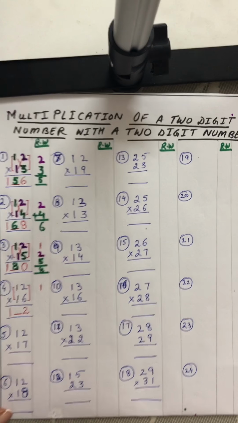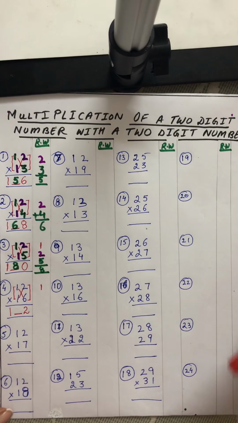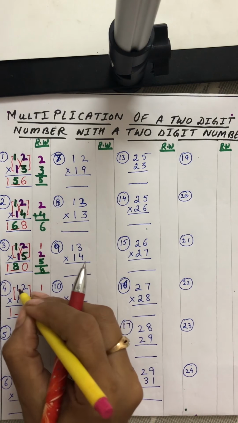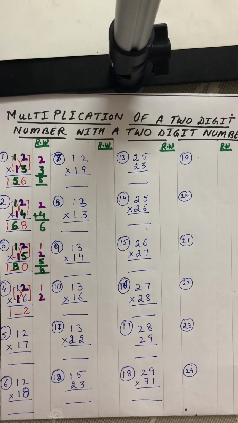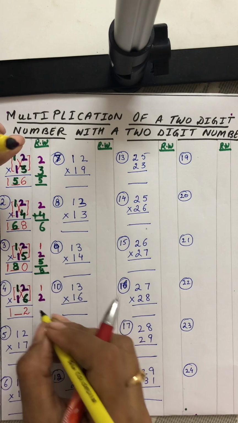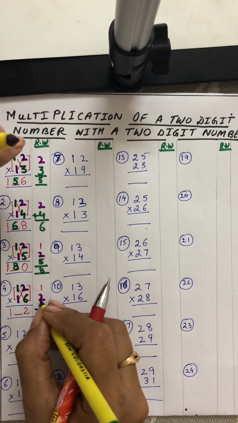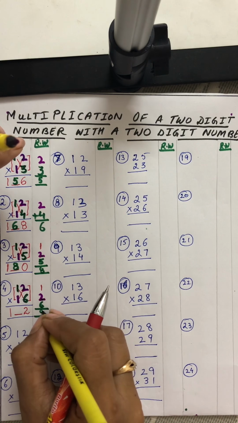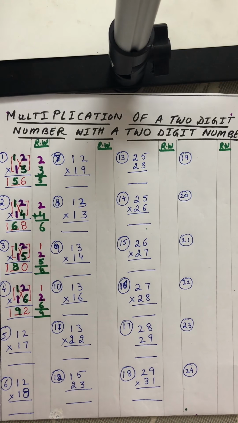Space in between left to be filled by the cross multiplication of these numbers. So 2 into 1 is 2. 6 into 1 is 6. I add all these three numbers. 6 plus 2, 8. 8 plus 1, 9. And I write 9 here and fill up that in between space.